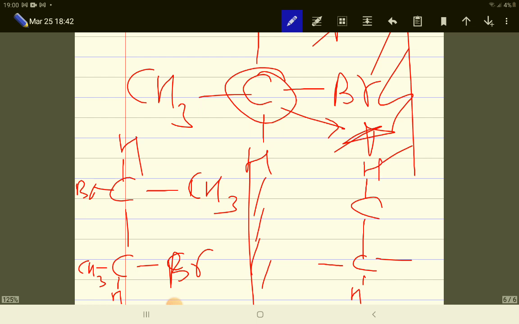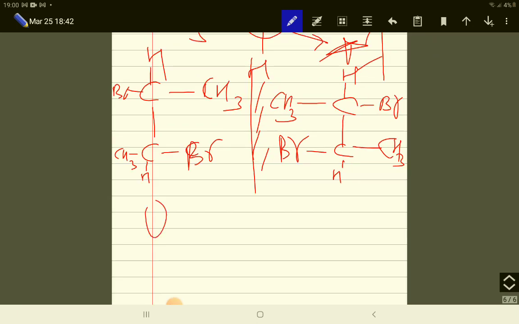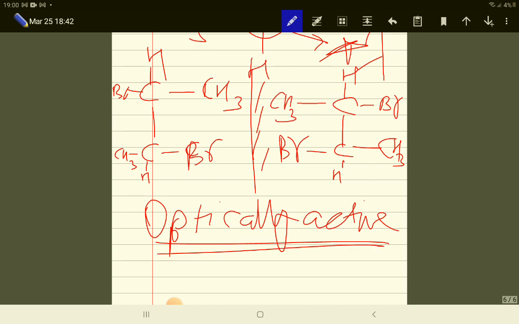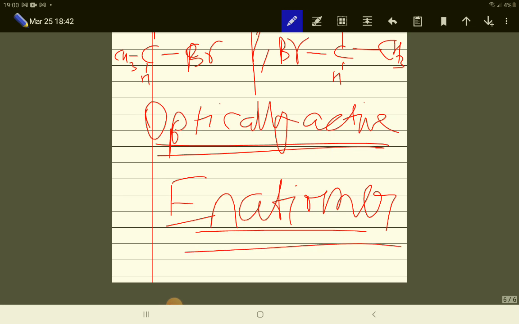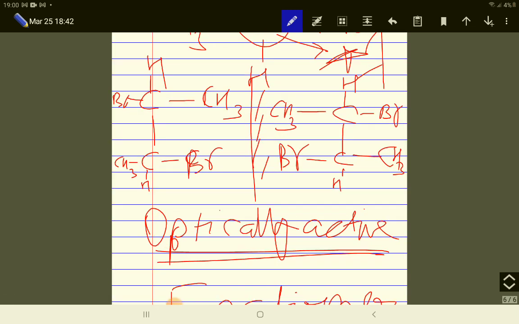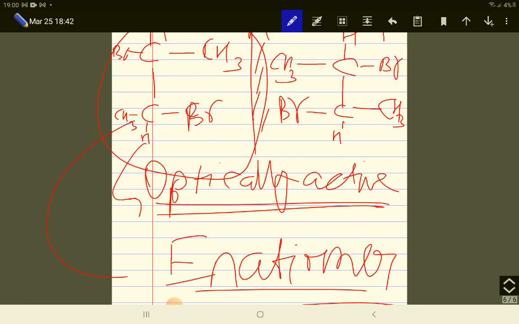So the Br and CH3 will switch their positions. It will look like this: CH3 Br and Br CH3. So we can clearly say that this particular compound is optically active, and it is also having an enantiomer. So from this answer we concluded that this particular compound, whatever we got as the answer, is optically active as well as having an enantiomer.